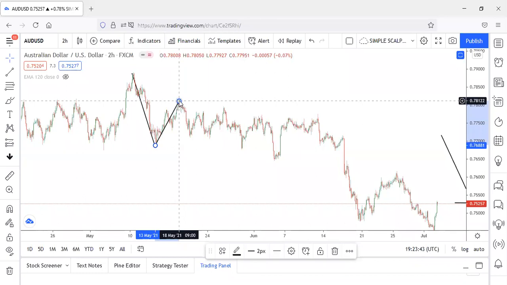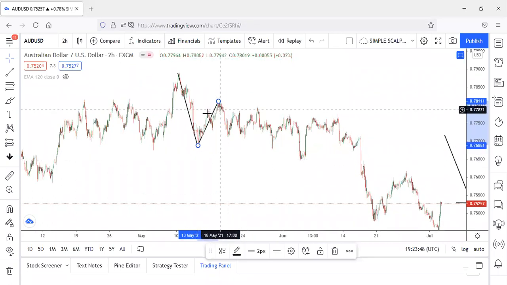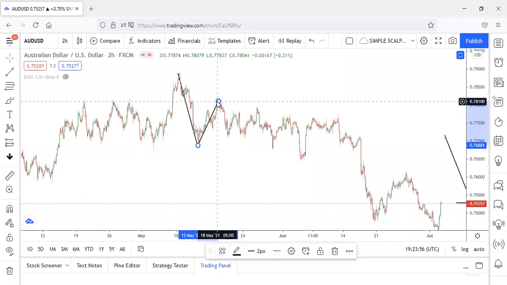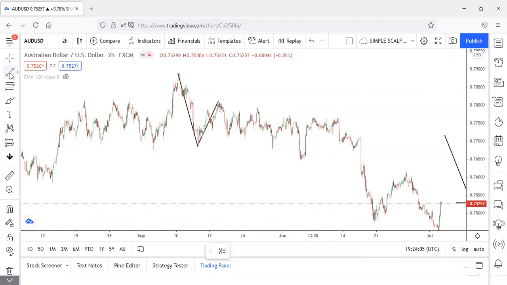Can you ever say the market is going down with this move alone? The market comes down, goes back up to this level. Can you say you are convinced the market is down with this move alone? No, you can never ever say that.